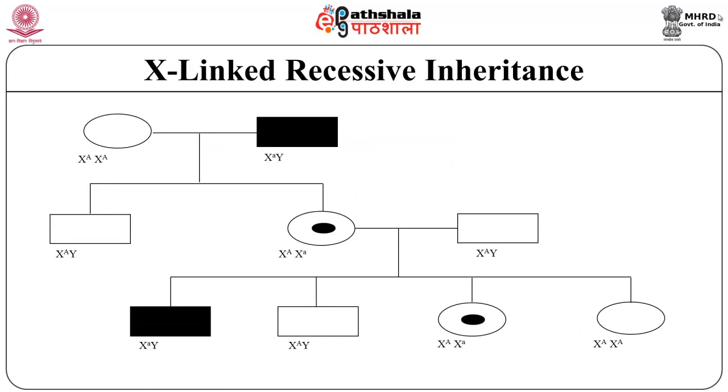Females who carry one copy of the affected allele, that is X capital A X small a, do not show the disease phenotype. Such a person is known as a carrier of the disorder, and the normal unaffected person would have X capital A X capital A or X capital A Y genotype in the female and male respectively.